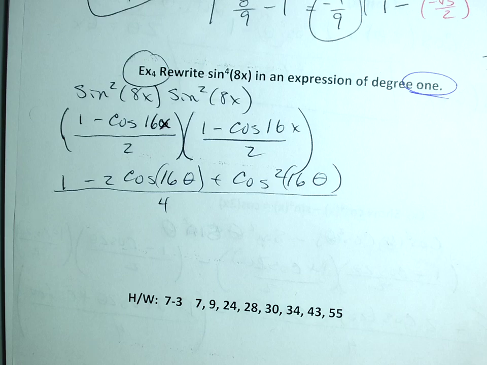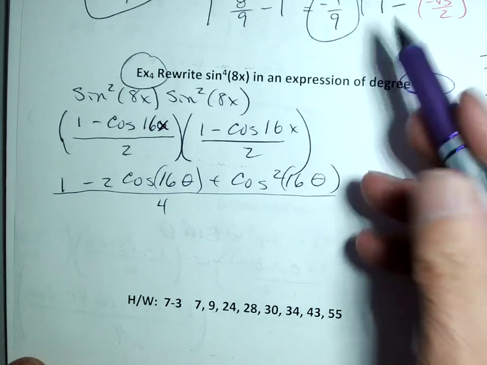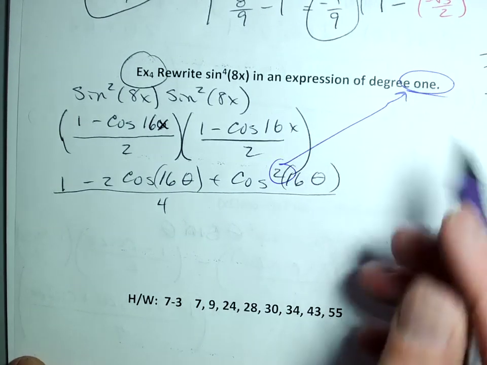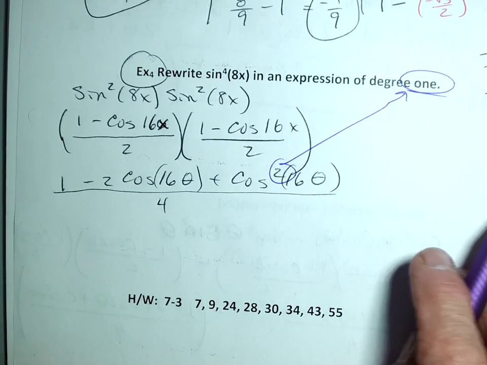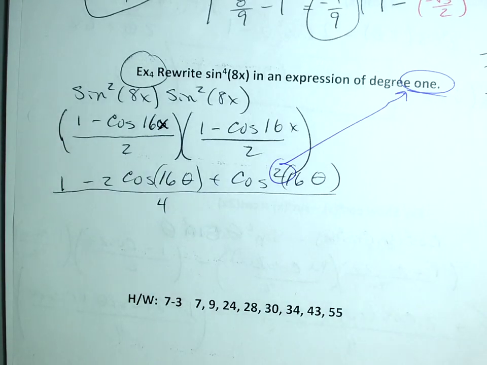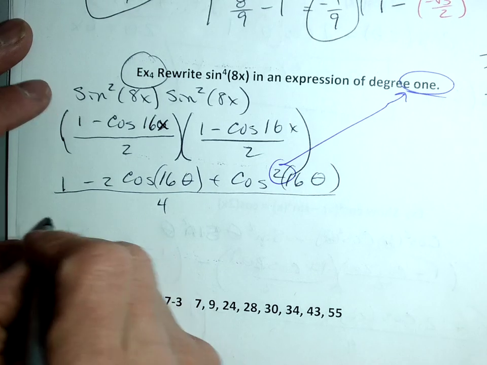Okay, darn it, I still haven't reduced it to a degree of 1, have I? So I'm going to change this one and reduce it from a cosine squared to a 1 plus cosine of 2 theta. But before I do that, I'm going to tidy all this up first, okay? So if I tidy this up, I'm going to get a 1/4.